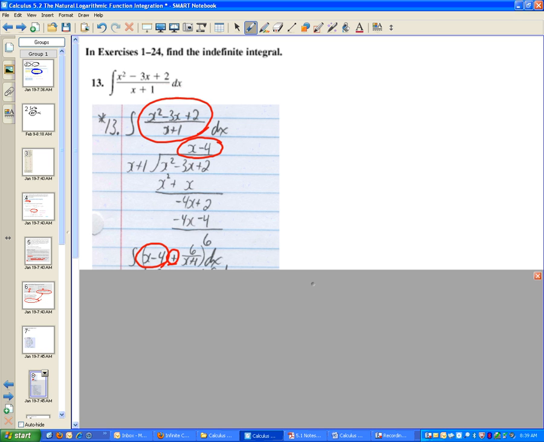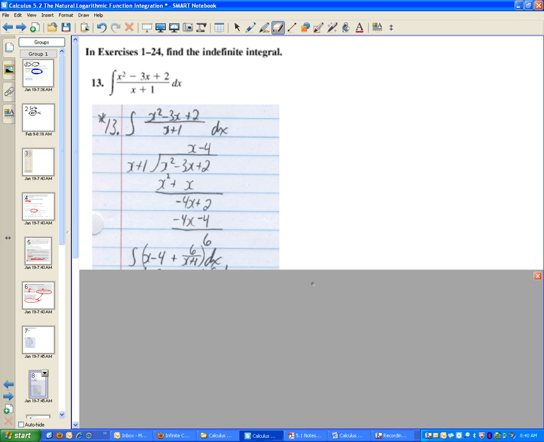So it's what's on top plus the remainder over the divisor. All right. I can find the integral of x. I can find the integral of 4. Can I find the integral of 6 over x plus 1? I think so, if I let u equal x plus 1.